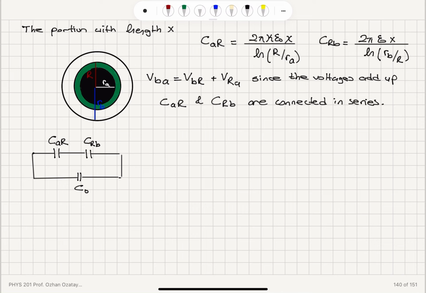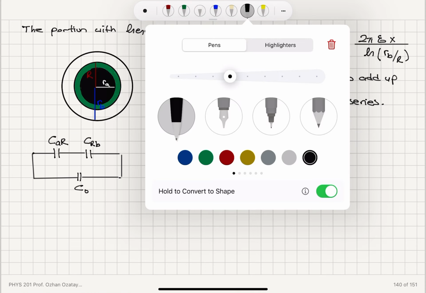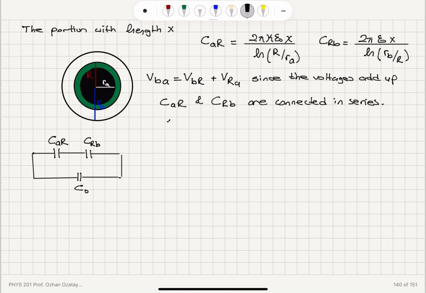So in that case, they will have an equivalent capacitance: 1 over C equivalent 1 is 1 over CAR plus 1 over C capital RB.